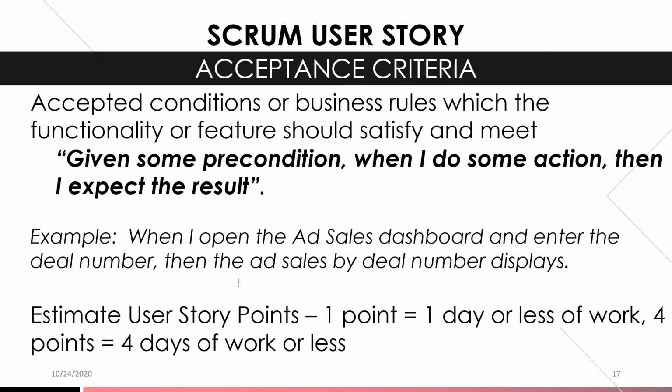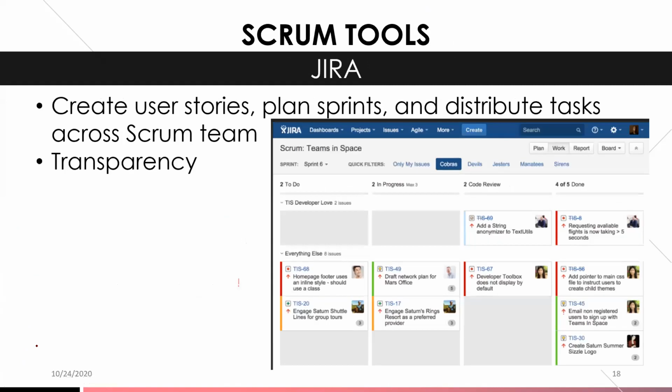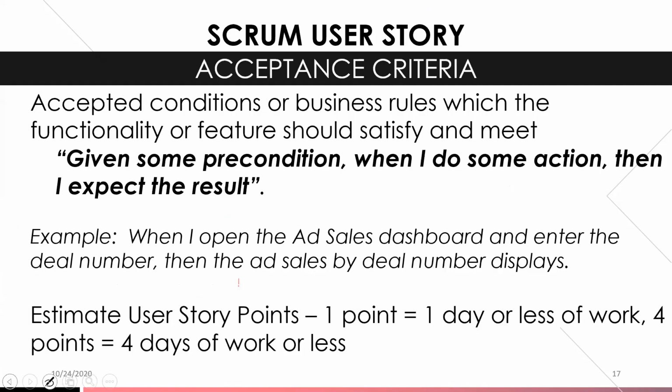Okay, so part of the user story, it contains the acceptance criteria. The acceptance criteria is the accepted condition or business rules which the functionality or feature should satisfy and meet. So here's how you would write the acceptance criteria.